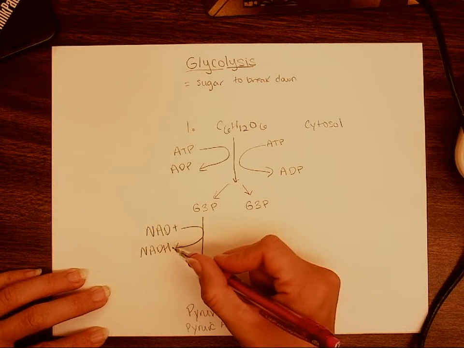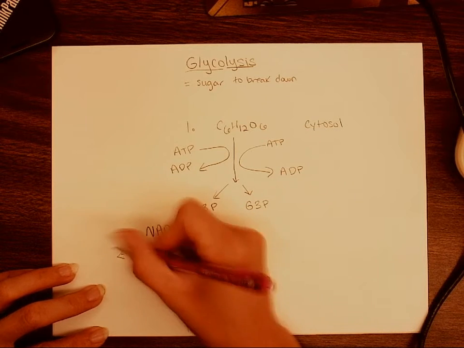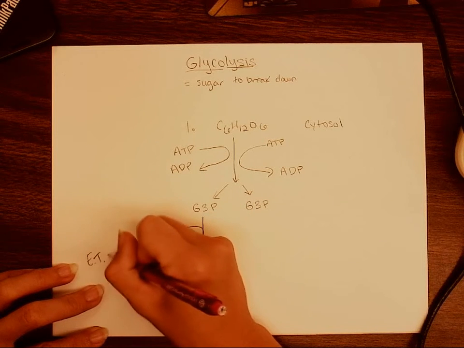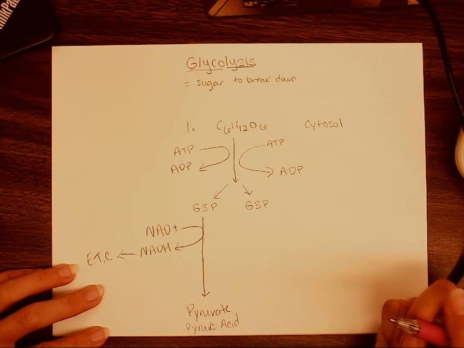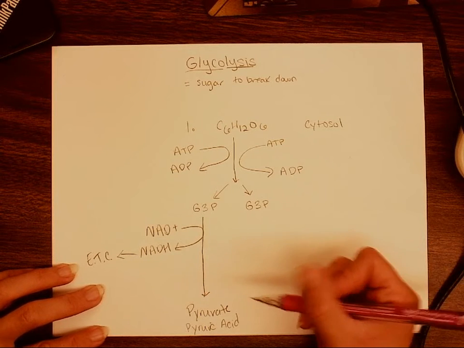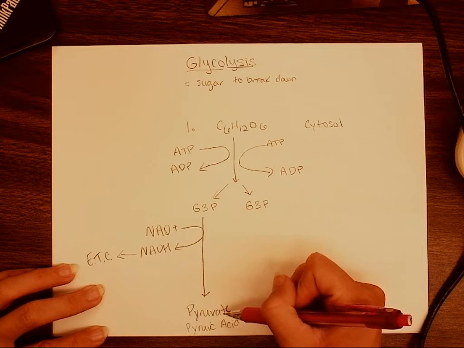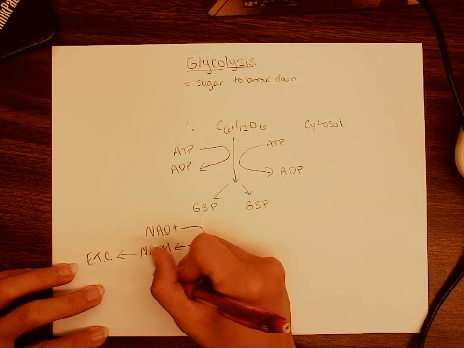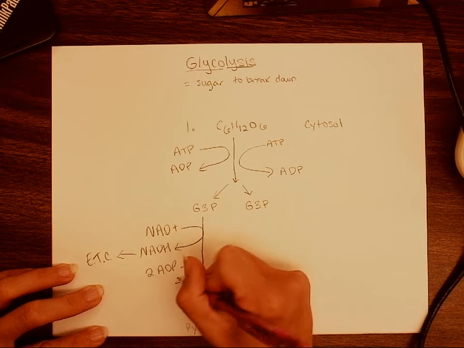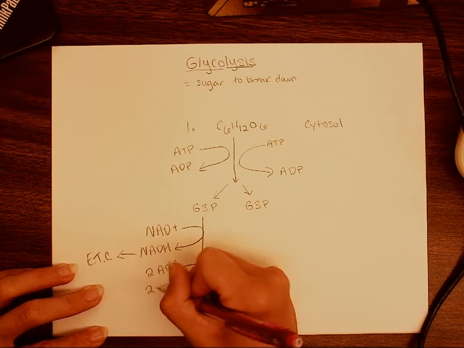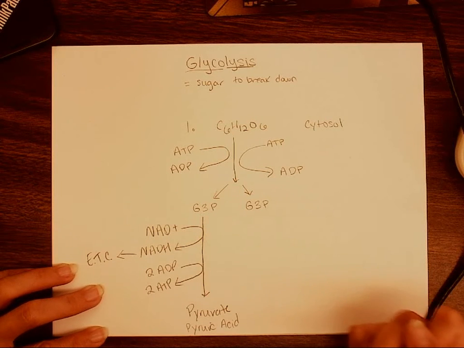NADH is going to take these electrons, and it's going to leave and go to the third part of cell respiration, which is the ETC, or the electron transport chain. Our final step to get G3P into pyruvate is we see 2 ADP are going to come in, and they're going to store some energy, and this is going to make 2 ATP.